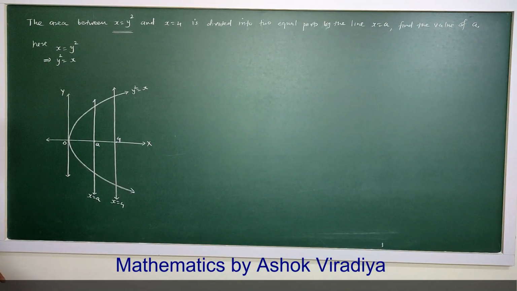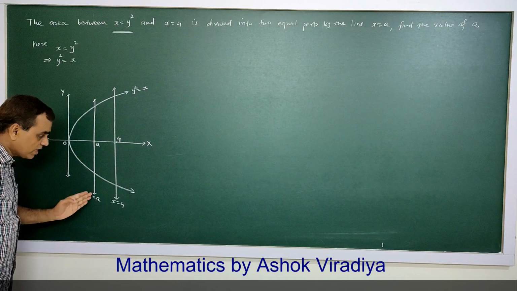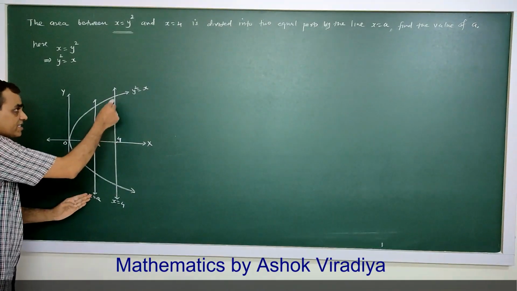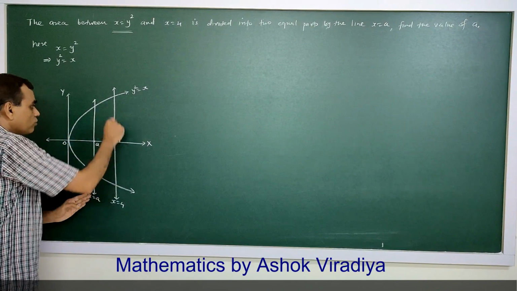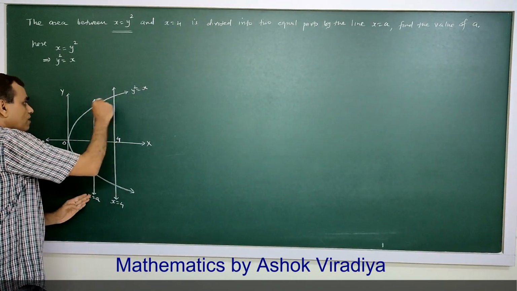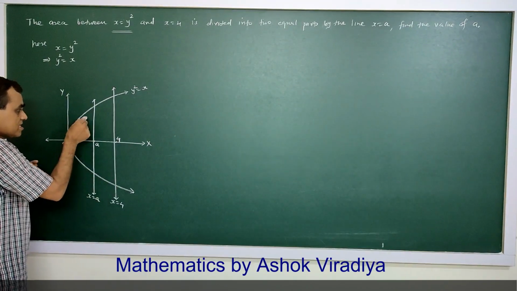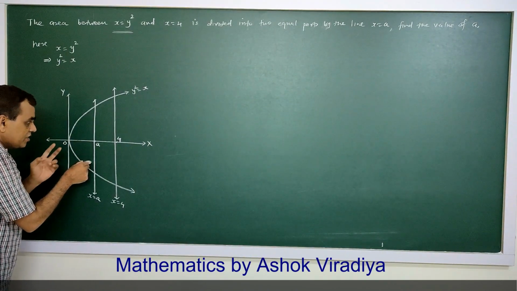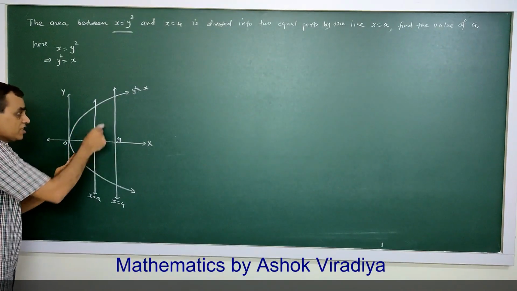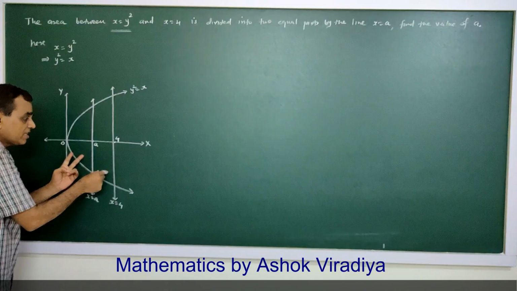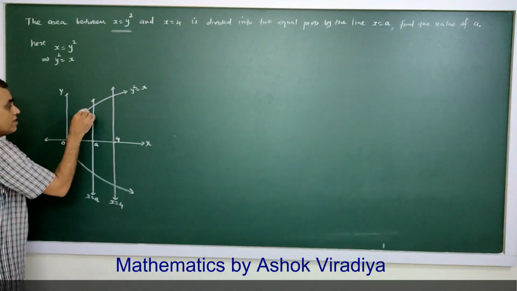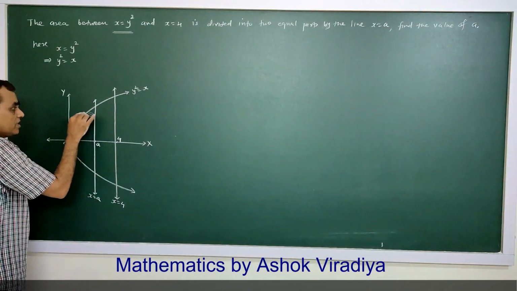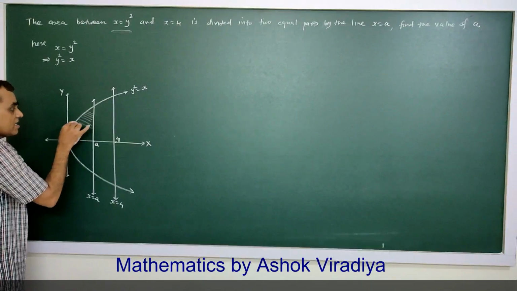So because x equal to a divides the region into two equal parts, the area of this region is equal to the area of this region, hence the areas of both regions above the x-axis are equal.